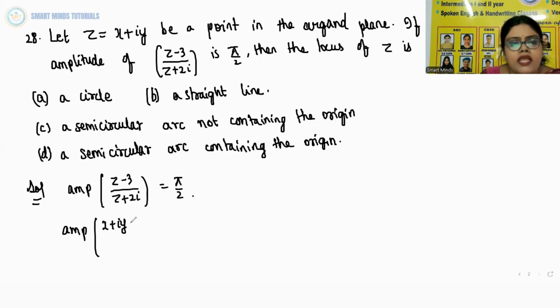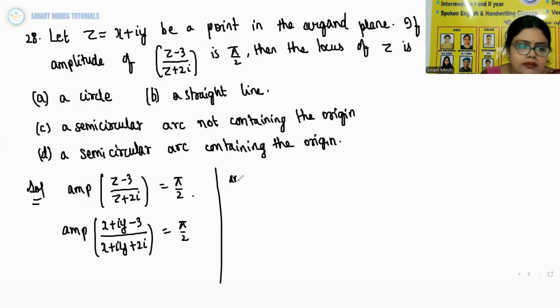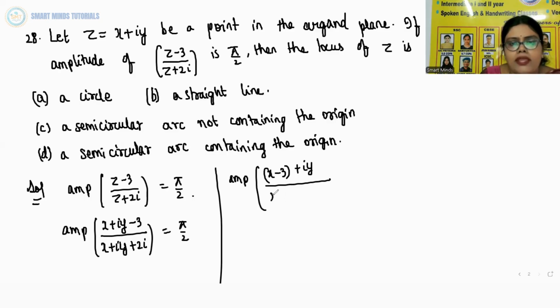So amplitude of (x + iy - 3)/(x + iy + 2i) is equal to pi by 2. Now let us separate it. Amplitude of (x - 3 + iy)/(x + i(y + 2)) is equal to pi by 2.